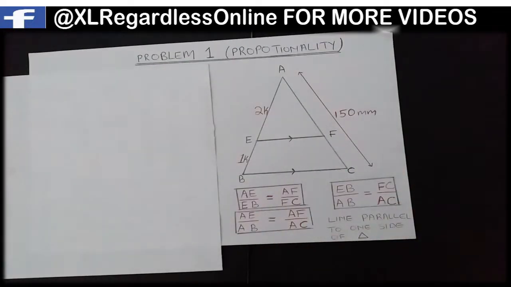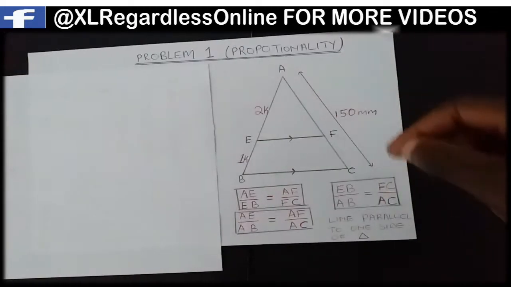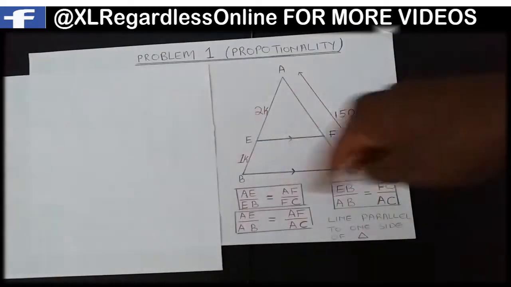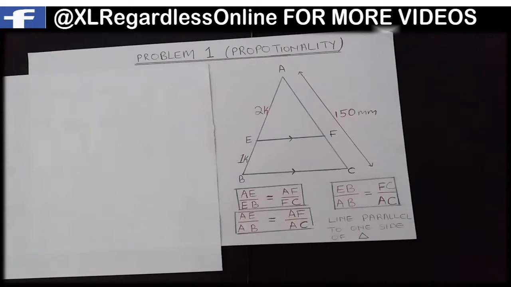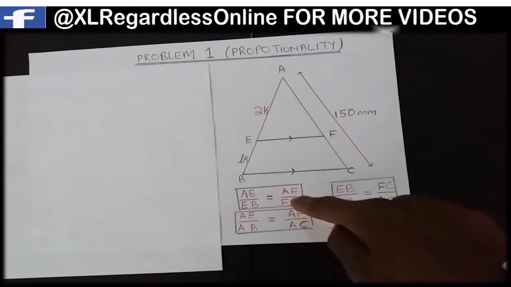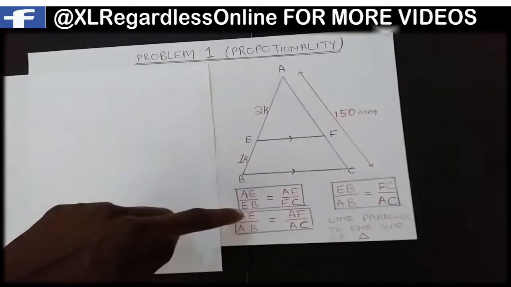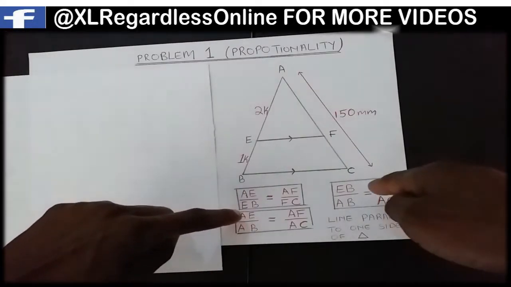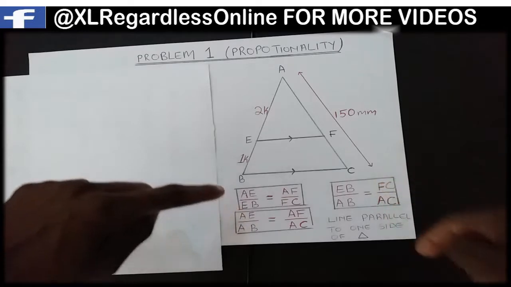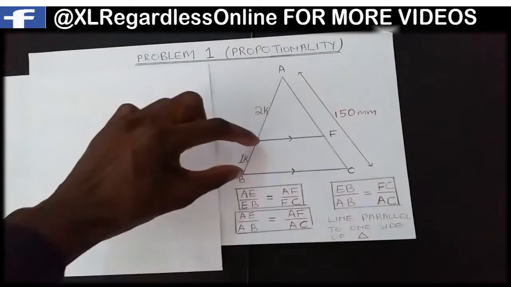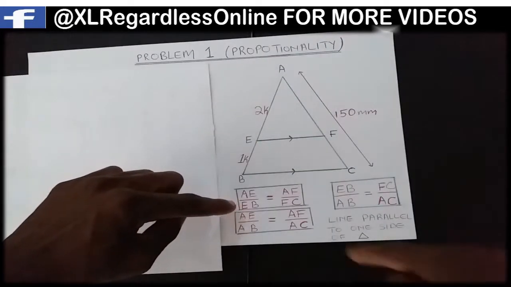And whenever you are writing those 3 ratios, make sure each and every side appears twice. Let's look at this one. We have AE. AE appears here and it also appears in the second ratio, but we don't have AE here. And let's look at EB. There's EB, it appears here. Does it appear here?